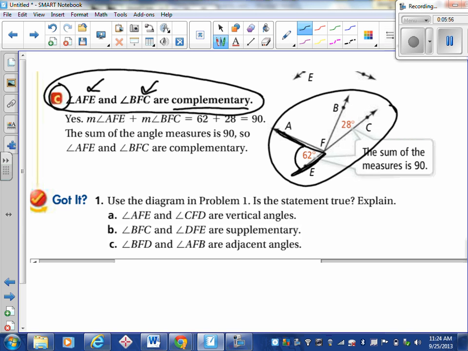And if I'm looking at BFC, which is 28 degrees, are they complementary? If I remember what complementary means, that means two angles that add up to 90. So 62 plus 28 is 90. So they are complementary angles.